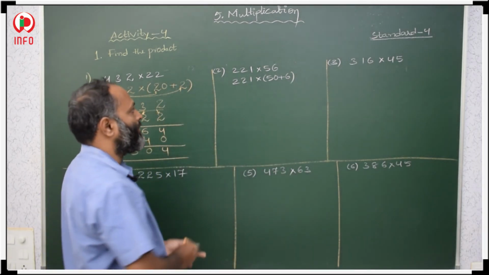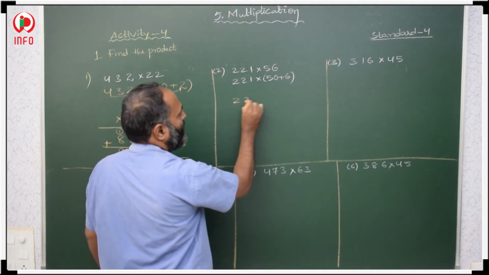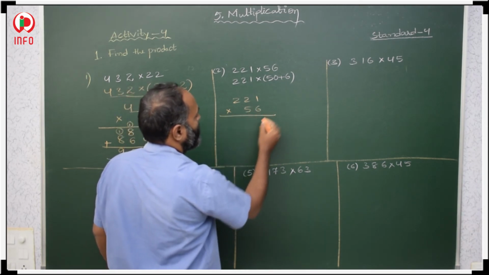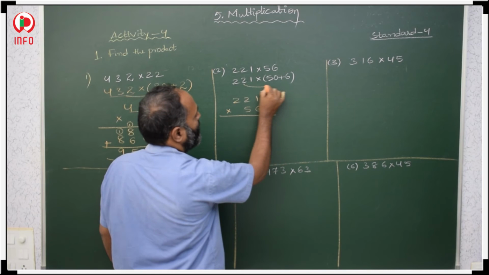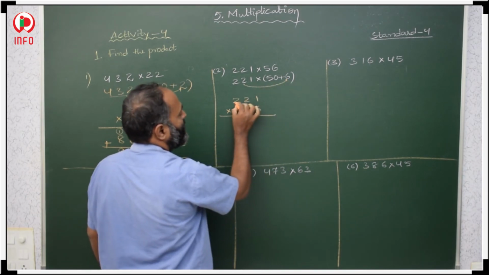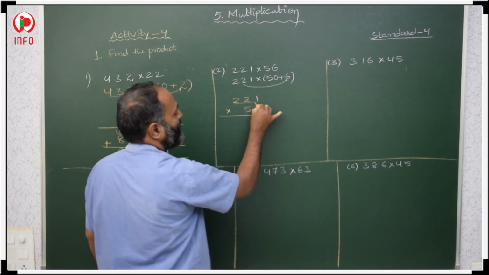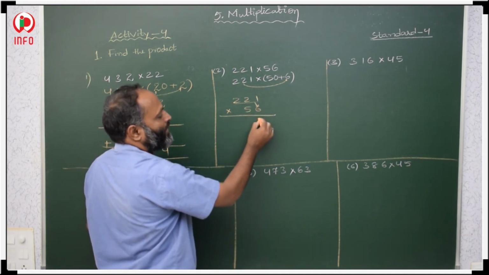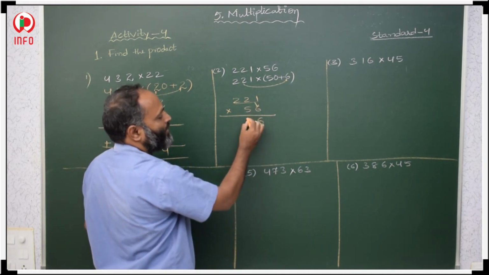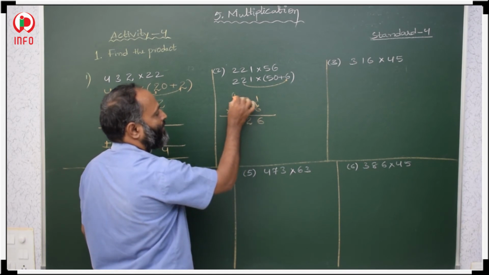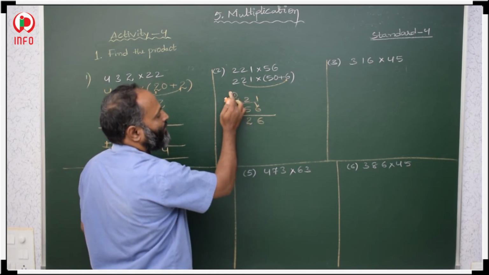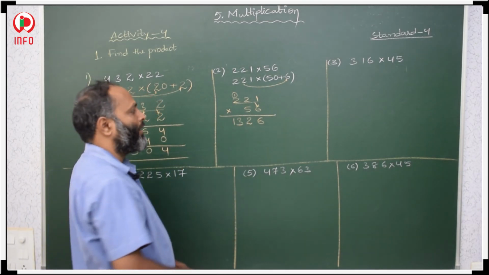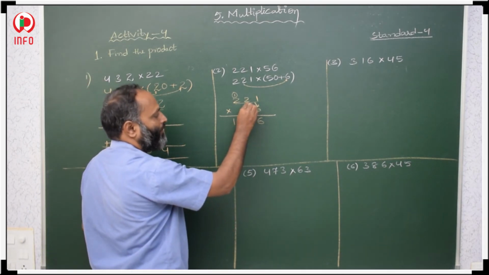See here how to do it. 221 multiplied with 56. First 221 multiplied with 6, this complete number we have to multiply with 6. 6 ones are 6, 6 twos are 12, 6 twos are 12 plus 1, 13. Now we have to multiply with 5.